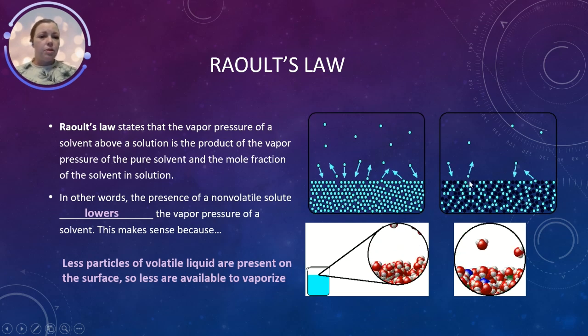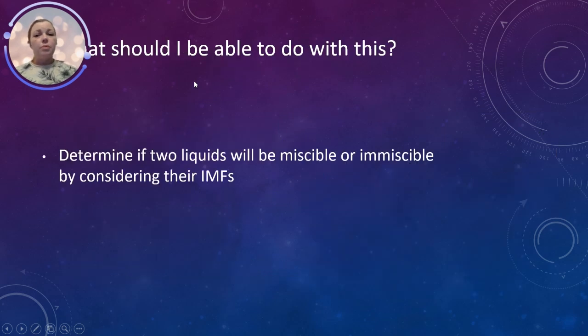Whereas if you take up some of that surface area with solute particles that are non-volatile, then they're going to lower the vapor pressure strictly because you have fewer solvent particles exposed to the surface. So the particles cannot escape and become a gas unless they are allowed to be present on the surface. So fewer particles of volatile liquid are present on the surface, so fewer are available to vaporize. And that's Raoult's law.